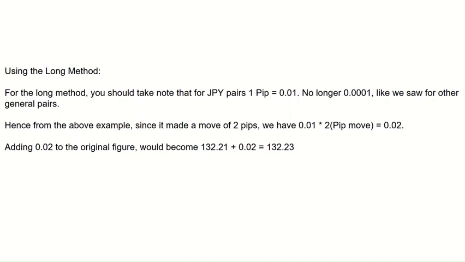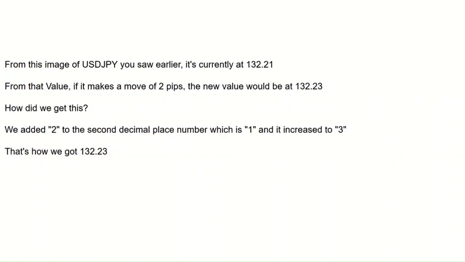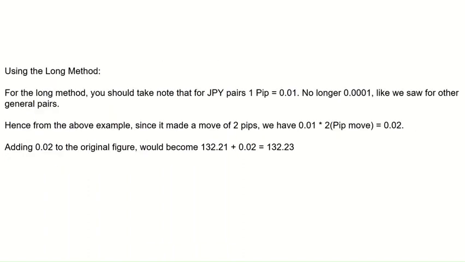Let me recap. If we are going to use the long method, JPY pairs, their standard value for 1 pip movement is 0.01. So in the example, they said it moves 2 pips. Since the current market price is 132.21, let me show you again. 132.21 is the current market price. And they said it makes a movement of 2 pips.